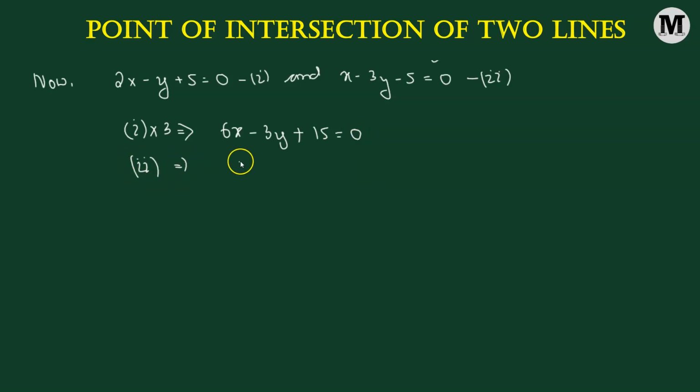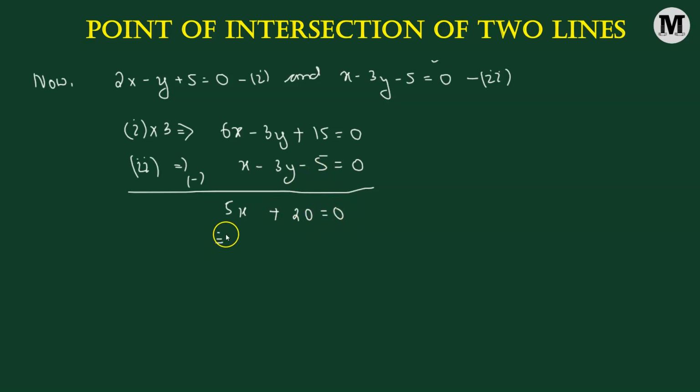So here we have x minus 3y minus 5 equals 0. So what we'll do, we're going to subtract the two equations. So 6x minus x gives us 5x. Negative 3y minus negative 3y becomes 0, so that cancels out. And we have positive 15 minus negative 5, that gives us 20, equals 0. So solving for x, we get x equals negative 4.